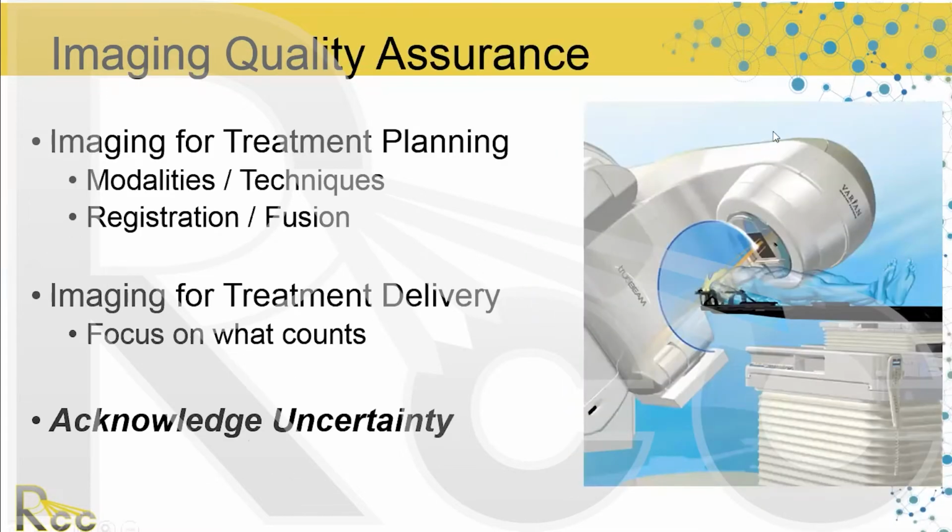For imaging quality assurance, there are two different types of imaging we're talking about here: imaging for treatment planning, and imaging for treatment delivery. Each of these has its own uncertainties. I think the biggest one is if you're using multimodality imaging, an MR and a CT or a PET and a CT: the registration and fusion, the difference and the uncertainty there, is really critical to understand.